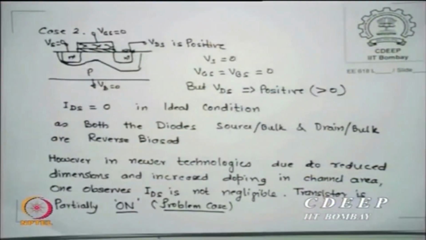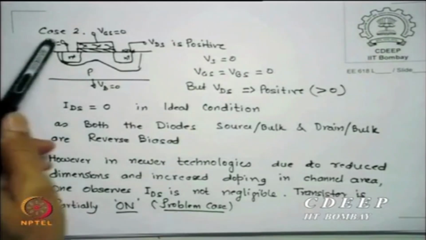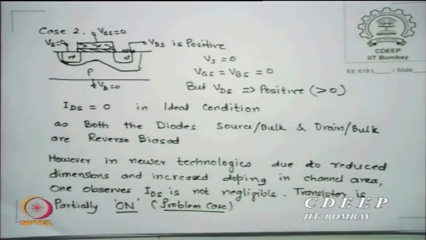The case 2, let us say VGS is 0, so gate is still, firstly we say ground source. Source is our reference voltage, it could have been anywhere, but over the years, right from Shockley down, everyone thinks of source as the reference.